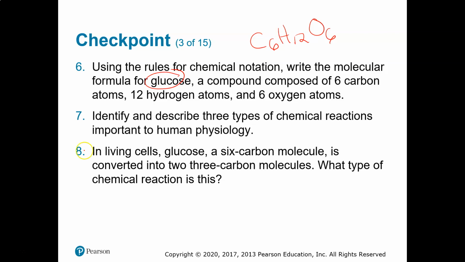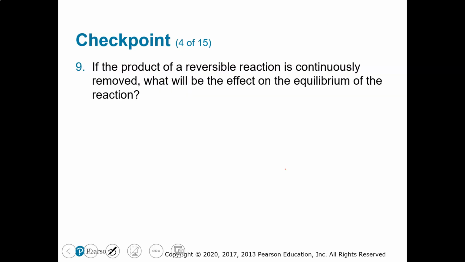In living cells, glucose, a 6-carbon molecule, is converted into 2 3-carbon molecules. This is going to be a breakdown reaction. It's going to be what's called a hydrolysis reaction, which is a type of catabolic reaction or decomposition reaction.